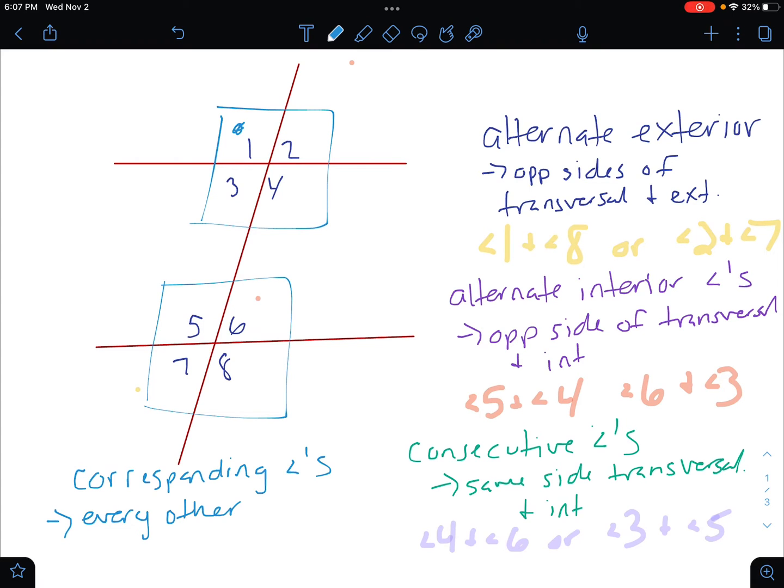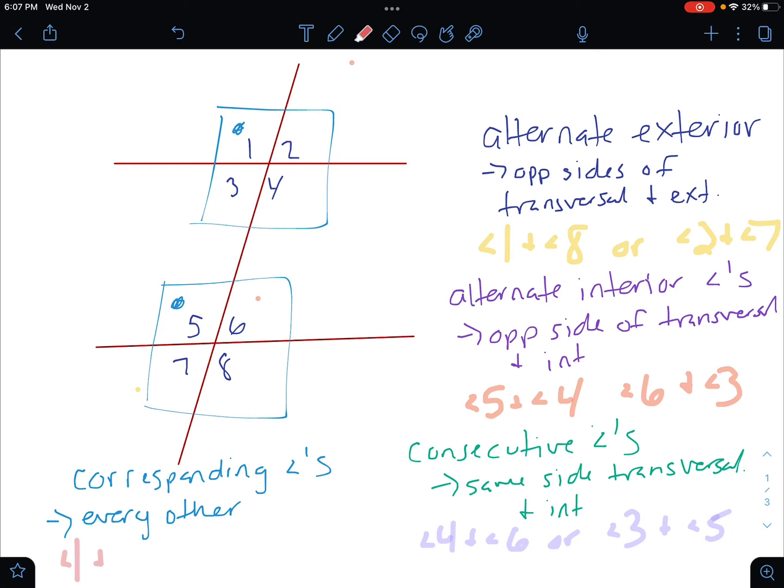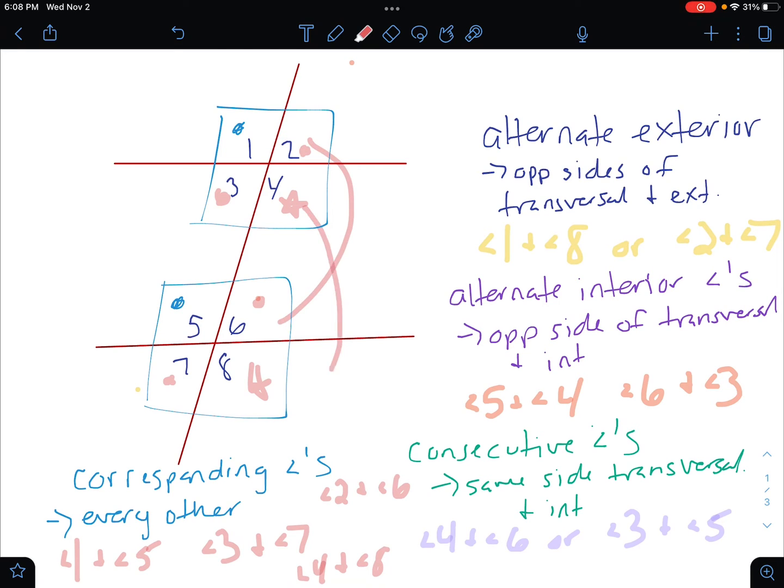It's like angle 1 is top left, angle 5 is top left. Angle 3 and angle 7. Or you can do the other side, angle 2 and angle 6, or angle 4 and angle 8. Okay, they just skip. Skip one, skip one, skip one.